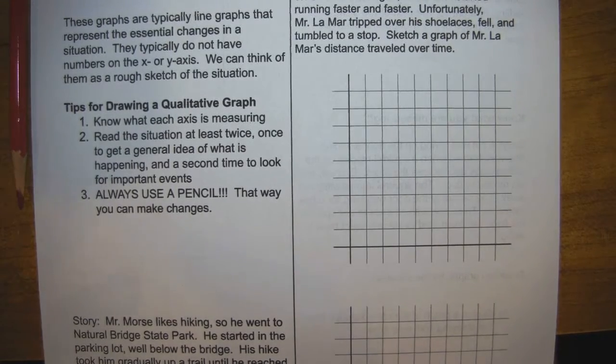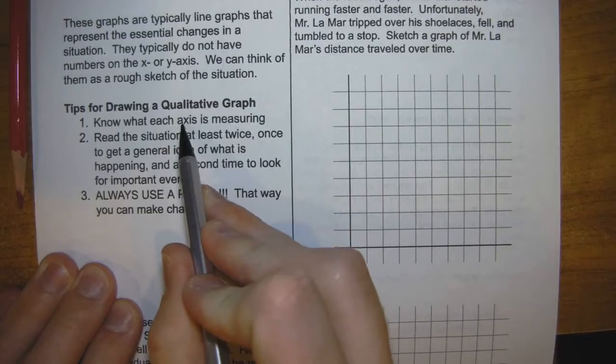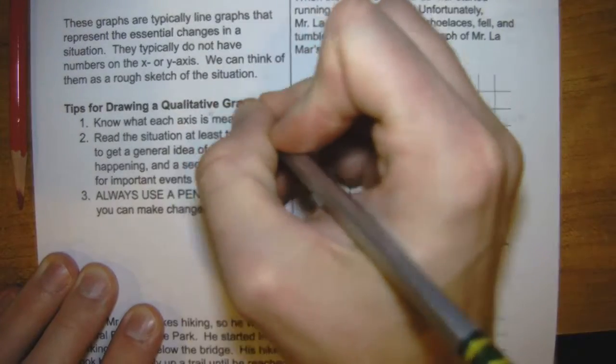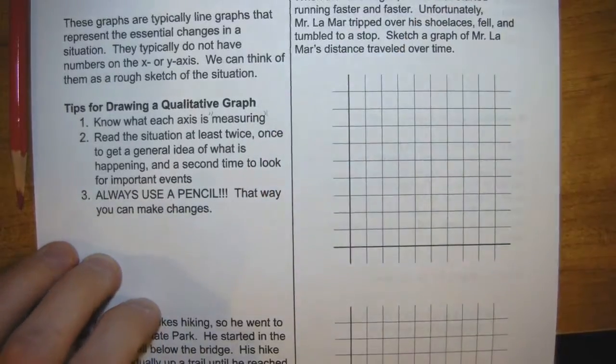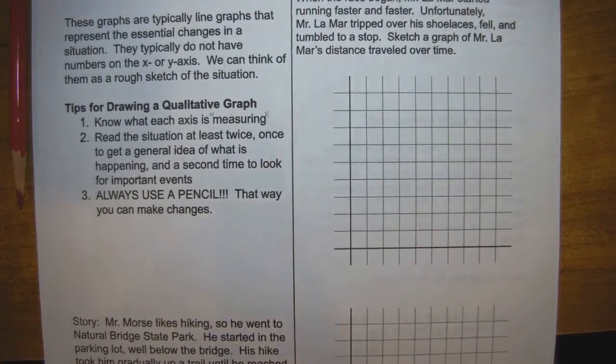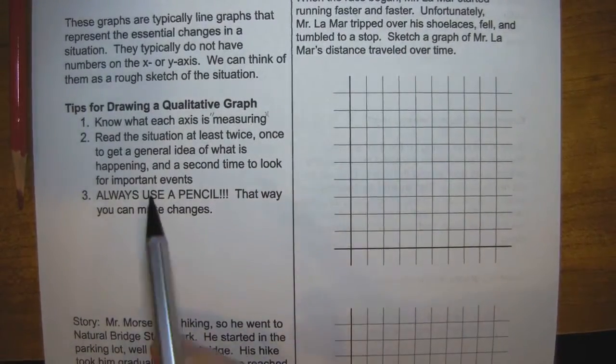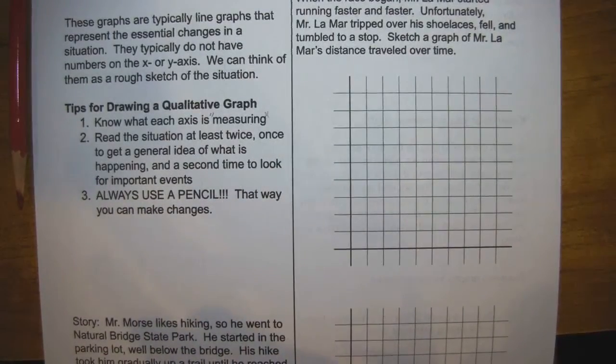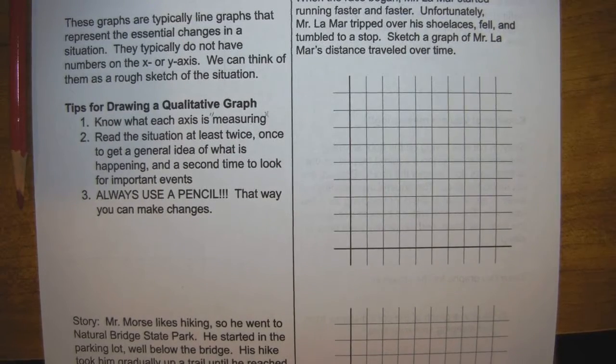So here are some tips for when you're drawing. First, you have to know what each axis is measuring. Measuring is a loose term, because we're not going to look at specific points. We're just going to get the gist of it down. I recommend that you read the situation at least twice. Once just to get a general idea of what's happening, and then a second time to look very specifically for those important events, because that's going to tell us how our graph needs to change.